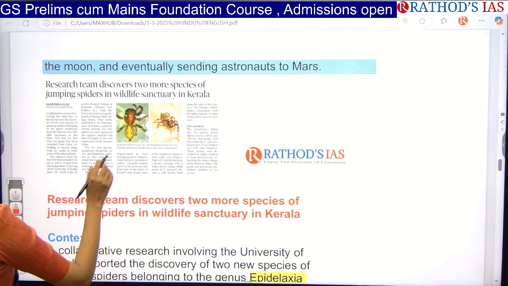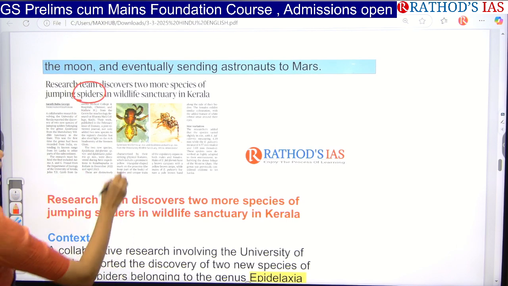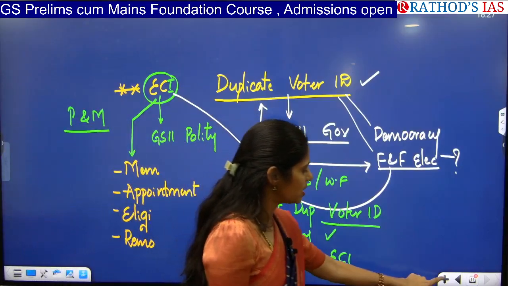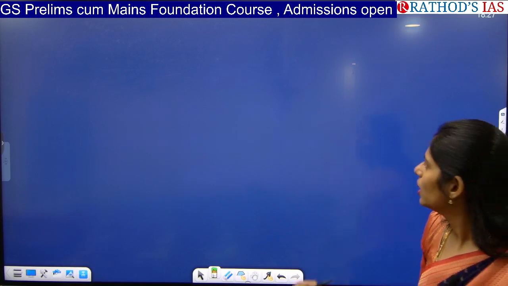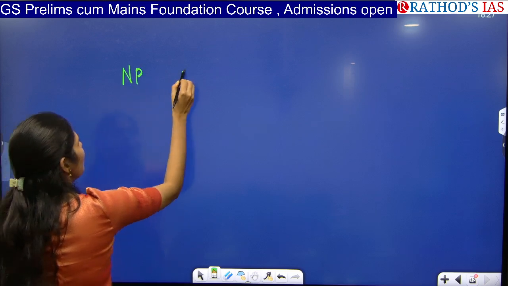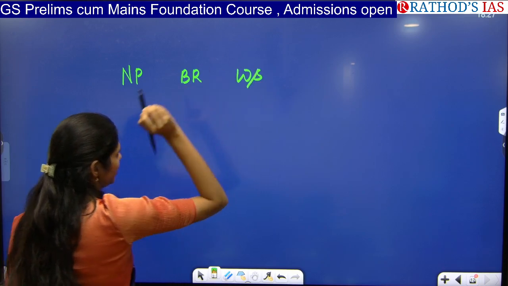Before that, what are the keywords that you have to see? You have to see spiders and you have to see wildlife sanctuary. If you see your static syllabus of environment, you will come across national parks, biosphere reserves, as well as wildlife sanctuaries.